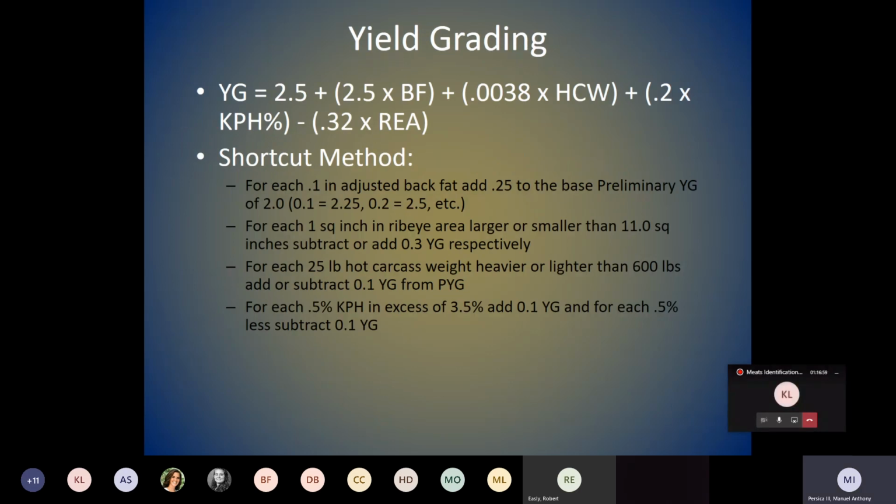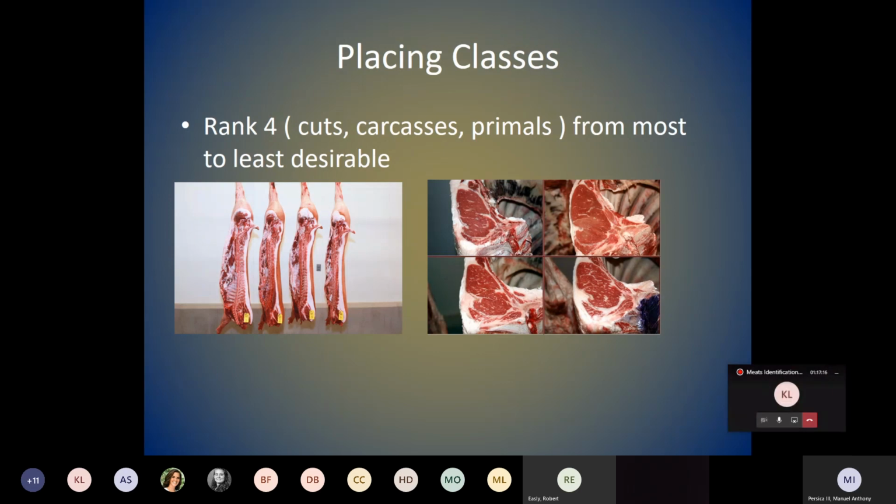You don't need to know this right now. This is how you would determine yield grade, but basically what I want your students to know is that carcasses of the same quality grade, heavier muscle, leaner carcasses are better than fatter, lighter muscle carcasses. This is kind of some indications of how we're going to try to display carcasses or classes.